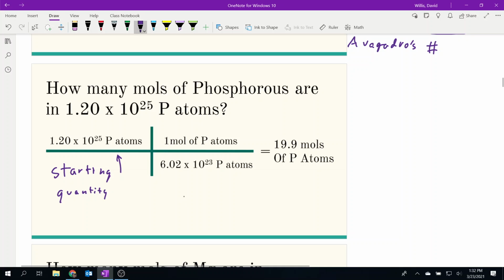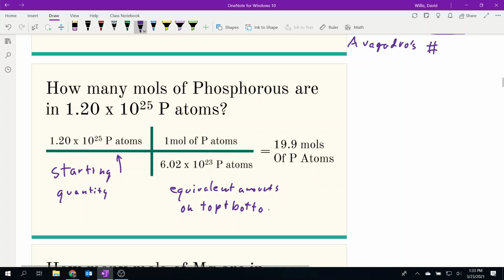And then for each little section after that, we have equivalent units or equivalent amounts or equivalent quantities on the top and bottom.